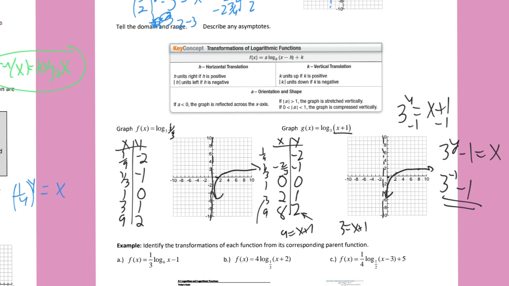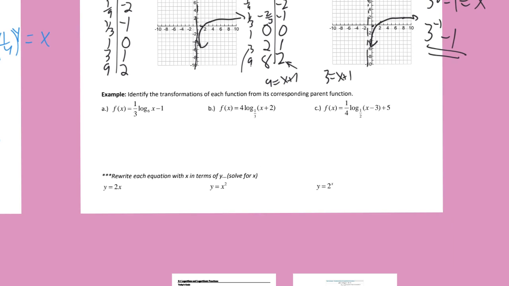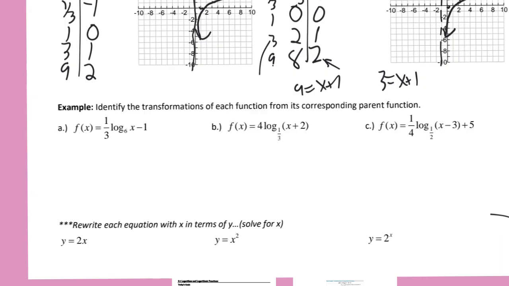Okay, and so down below here, it's like, okay, what would be the parent function, and then what would be the transformations that would have occurred given the child function? Just like if you had y is equal to 2 to the x, the children would be y is equal to 2 to the x plus 1, or x plus 1 minus 7, and so on.